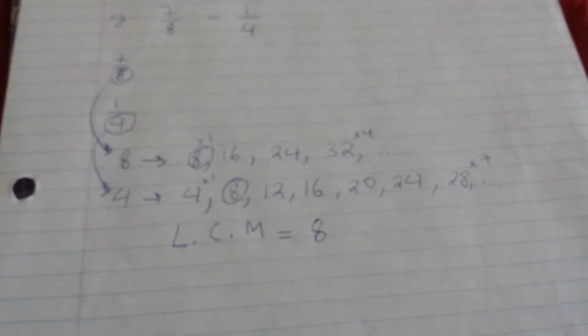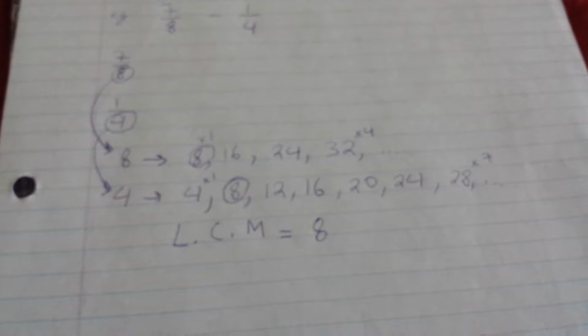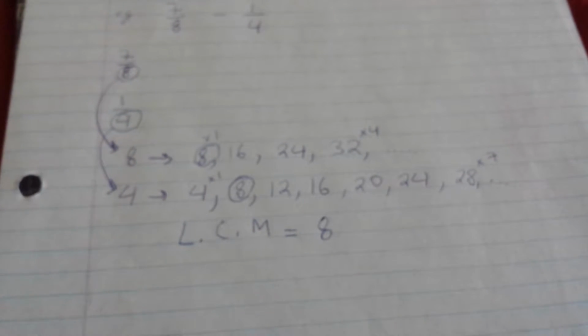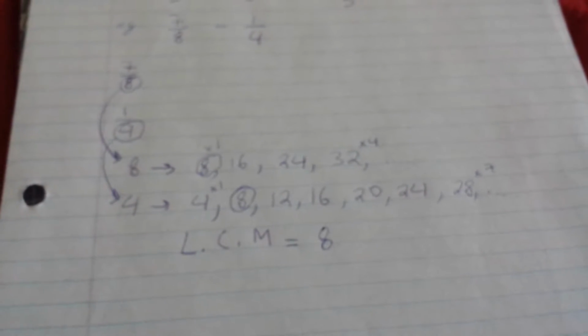But since I'm going through the first couple of examples involving fractions, for those who aren't familiar with or are wondering how you find the lowest common multiple between two numbers, this is basically the long way of doing it. This is the actual process, but with time and practice, you can easily figure out the lowest common multiple in your head.